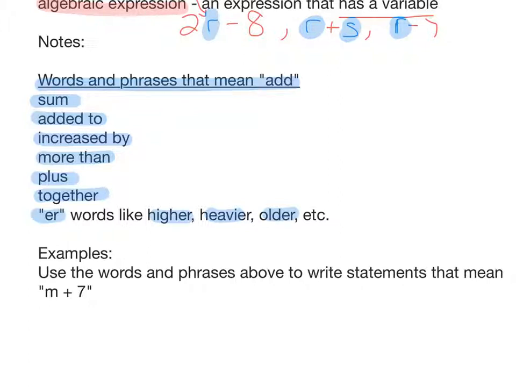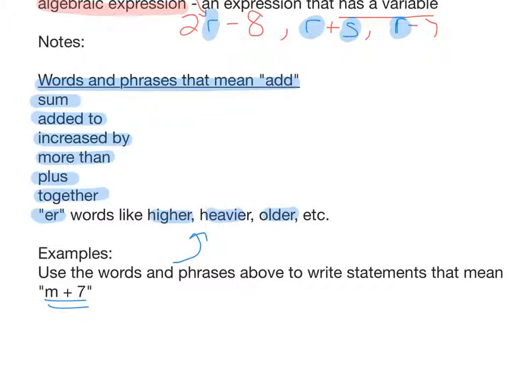Those can mean addition. Okay, so in the examples section, let's use those words and phrases listed up here to write statements that could be represented with m plus 7.